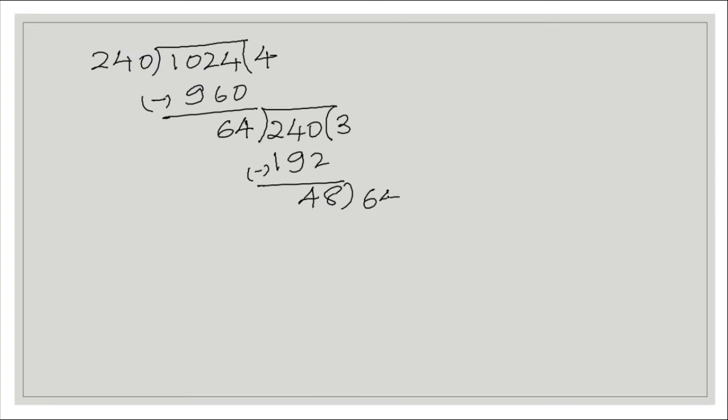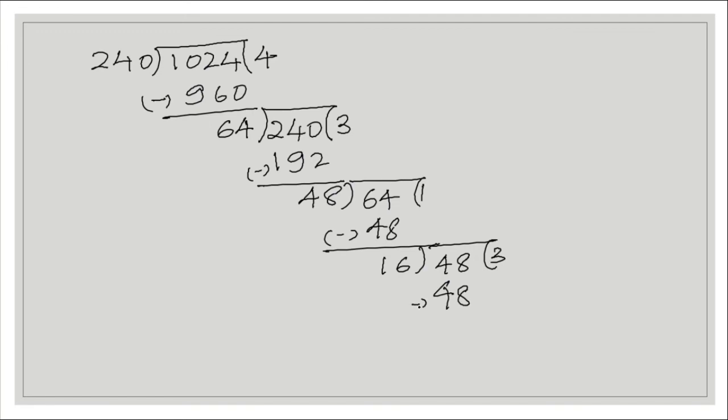Once again you divide 64 by 48. So 48, 1 time is 48. Upon subtraction, you will be getting 16. 16 divides 48 exactly 3 times, so the remainder becomes 0.